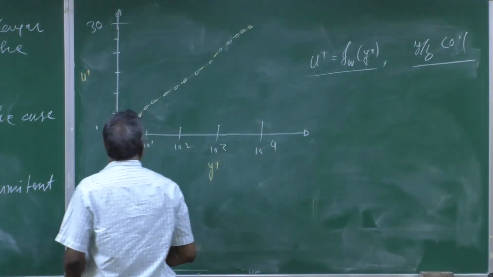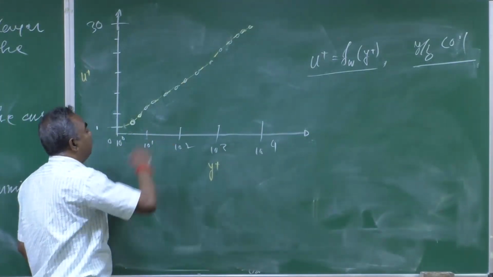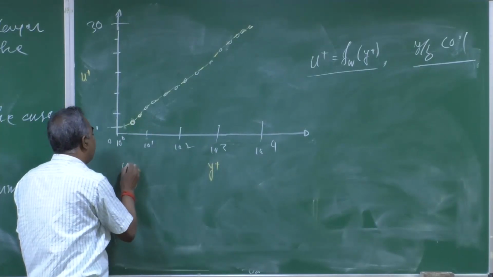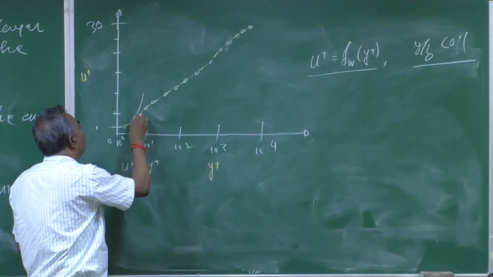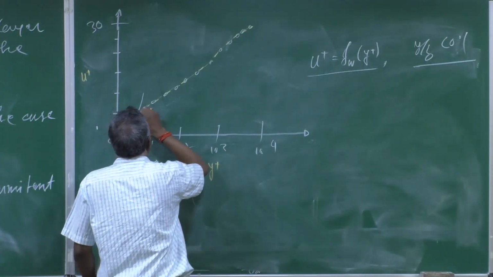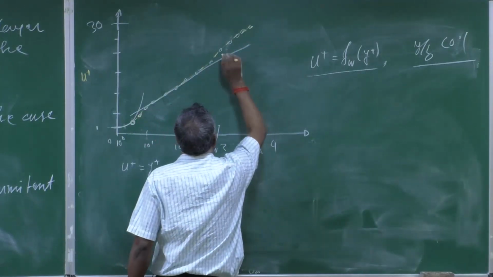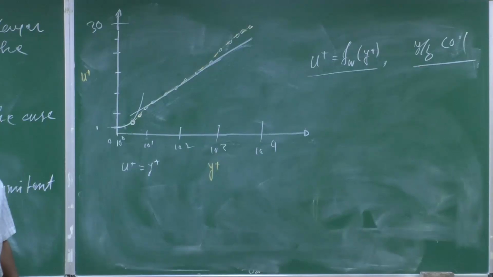So, for the case of law of the wall for the boundary layer also, u plus is equal to y plus within this regime, and later on from y plus 30 or 50 onwards your log law holds good, right.